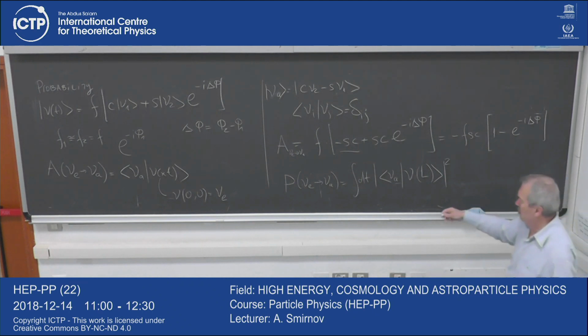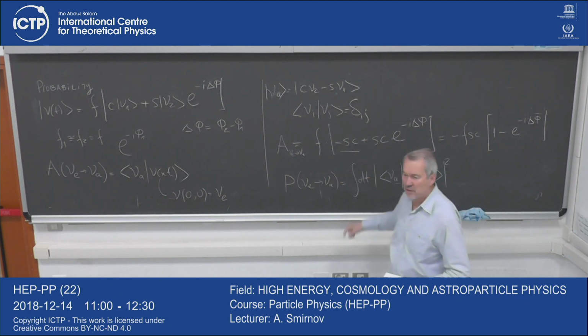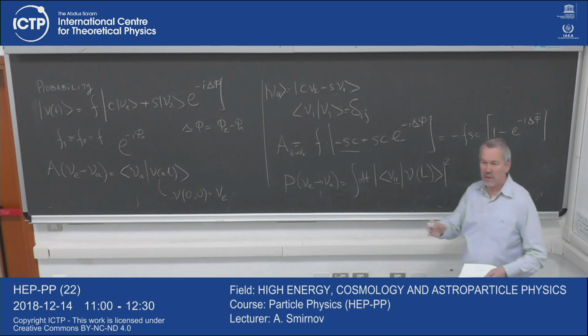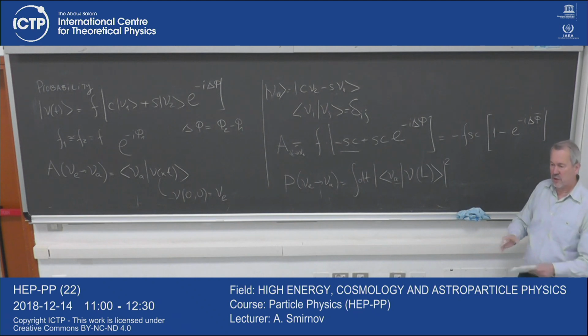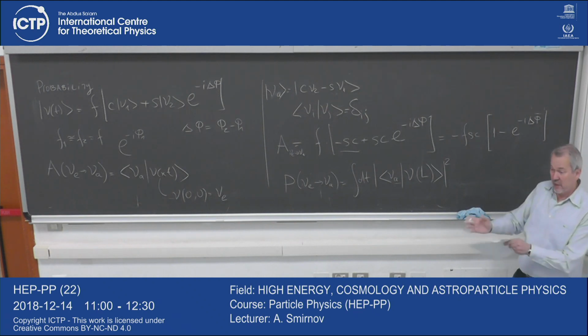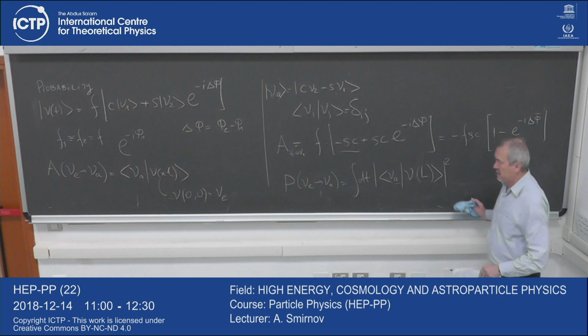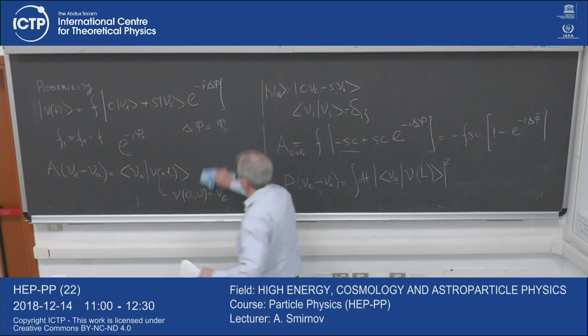And in principle, I should integrate from minus infinity to plus infinity, but I don't care about the time. Of course, it's a very short period when my wave packets cross the detector. Okay?